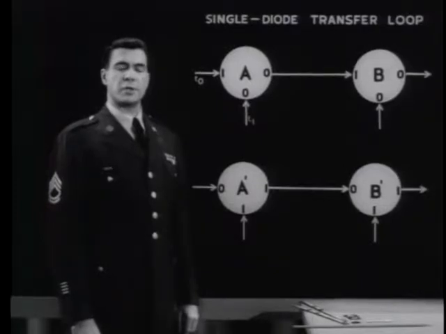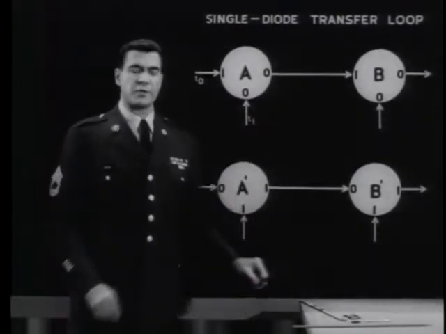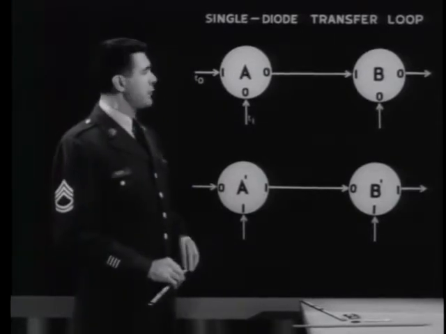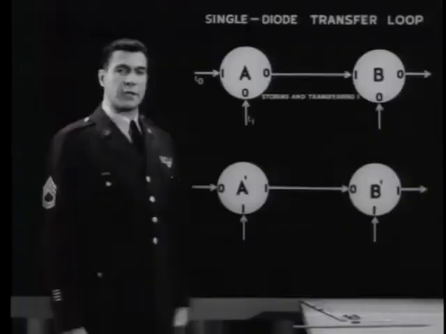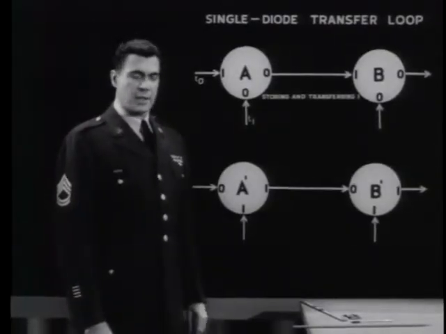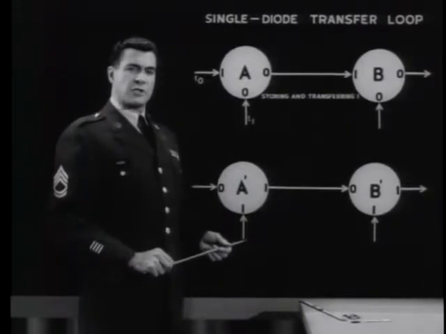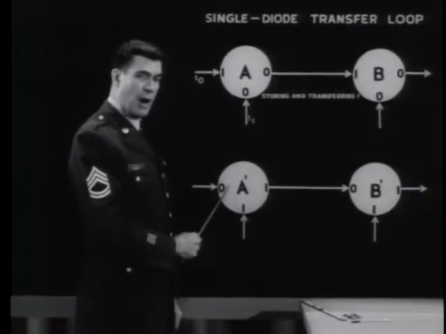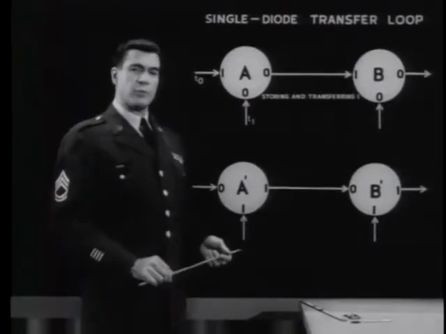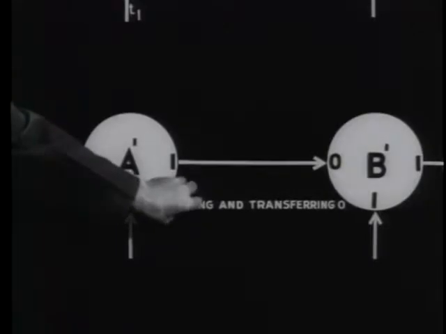We have used the single diode transfer loop two ways. First, we were storing a binary 1 in core A and transferring it to core B. Second, by reversing the diode and changing the input to and the transfer from core A prime, we used the loop for storing and transferring a binary 0.